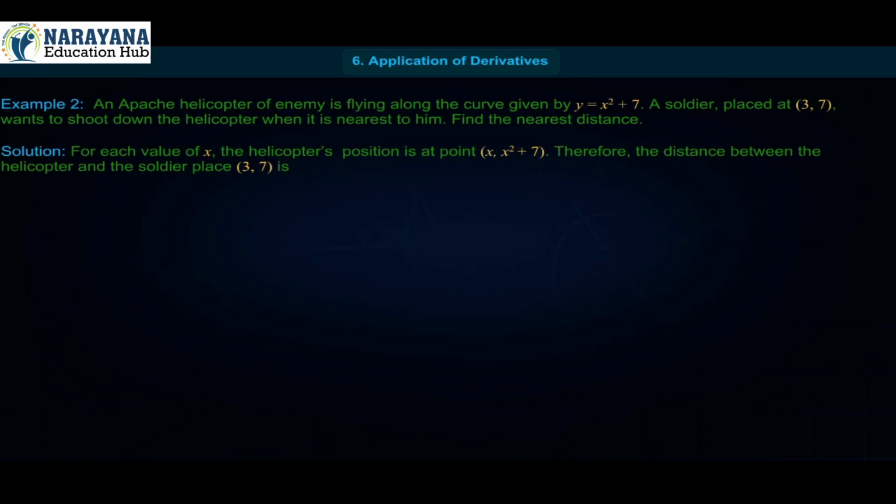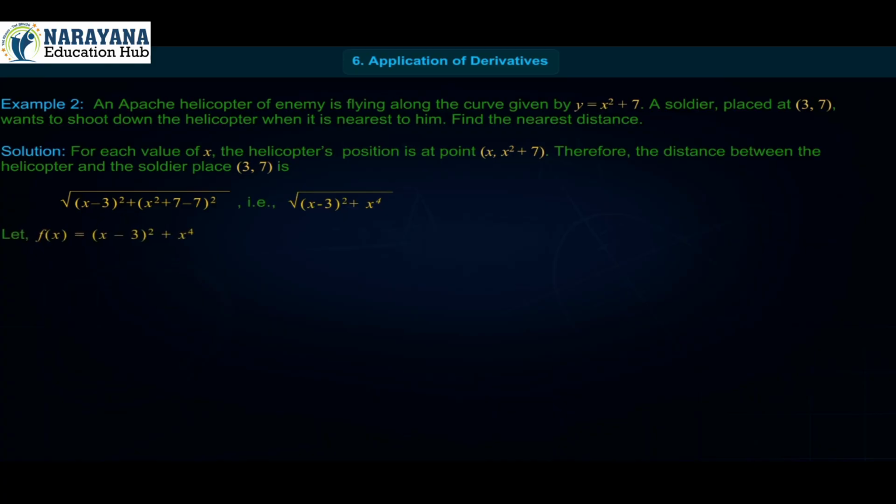Solution: for each value of x, the helicopter's position is at point x, x square plus 7. Therefore, the distance between the helicopter and the soldier placed at 3, 7 is square root of x minus 3 whole square plus x square plus 7 minus 7 whole square. That is square root of x minus 3 whole square plus x raised to 4.